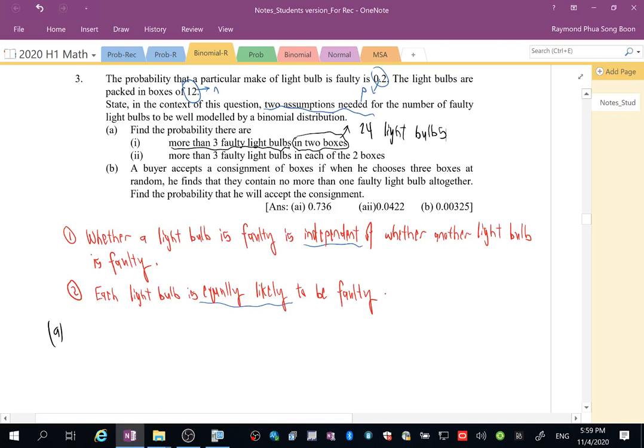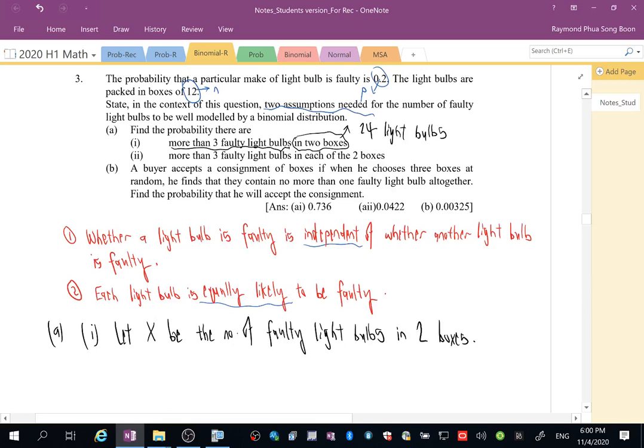We always need to start by defining our random variable. Let X be the number of faulty light bulbs in two boxes.